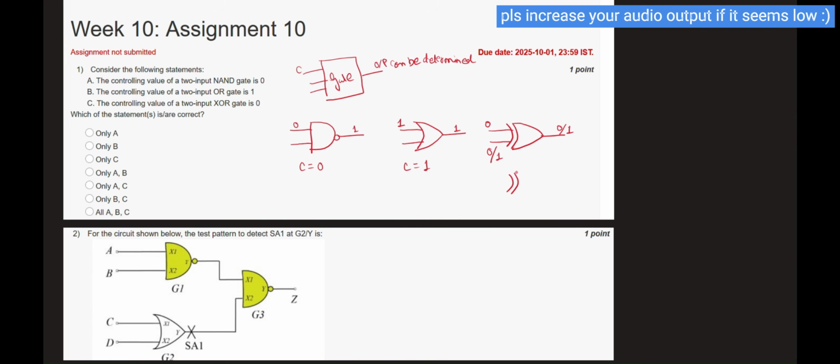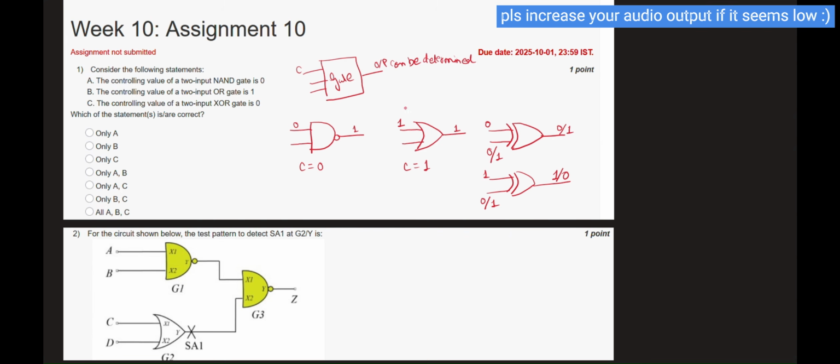Similarly, suppose this pin is fixed at 1, and one time I give the other pin value 0 and next time I give it 1. So 1 XOR 0 will become 1 and 1 XOR 1 will become 0. It means that there is no particular value of any pin that, when applied, lets me safely determine what my output will be.